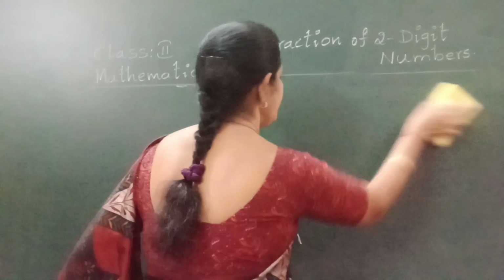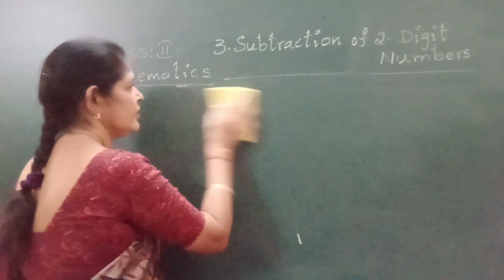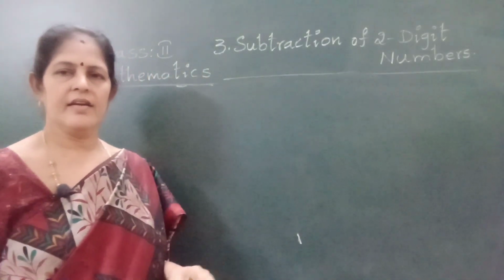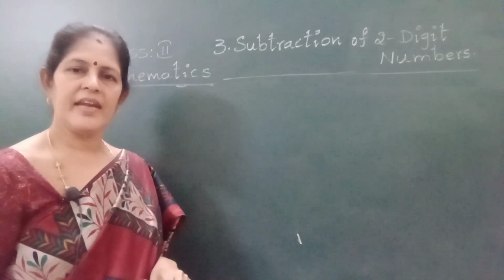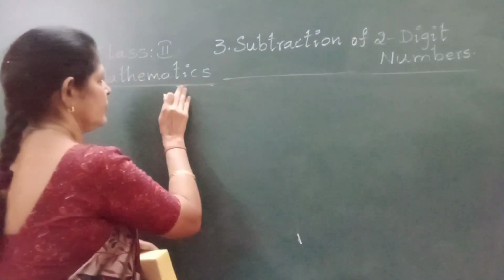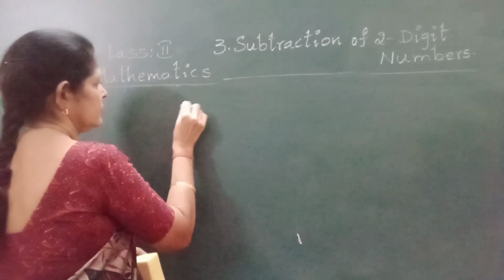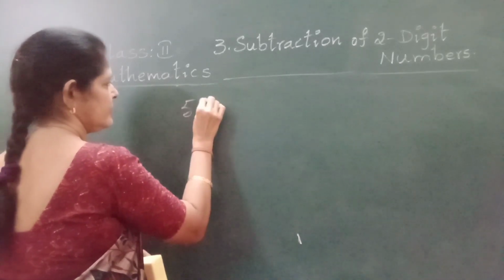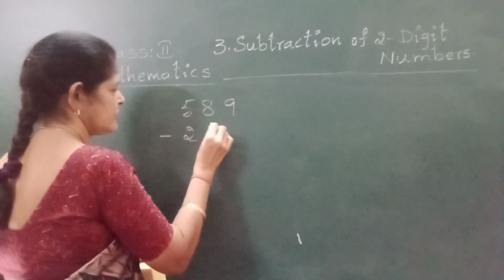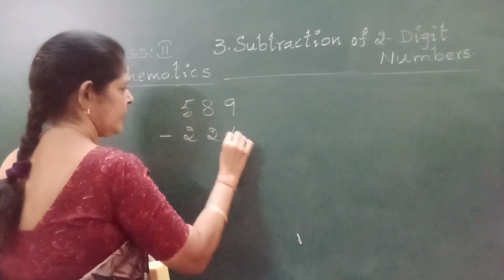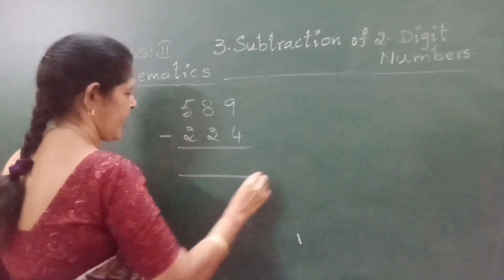Next one, verifying subtraction using addition. First do the subtraction, after that verify. 589 minus 224. This is the given subtraction.